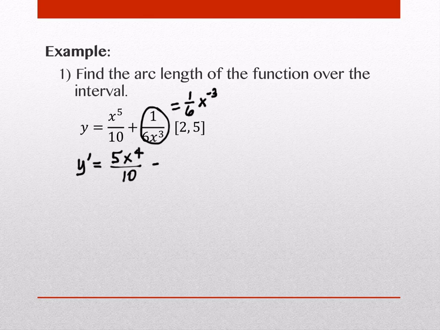So what will this piece of the derivative be? 3x to the negative 4th over the 6th that's already there. I'll take one step to clean them up, as some of you were reading them already. So this is x to the 4th over 2, and then minus 1 over 2 x to the 4th.